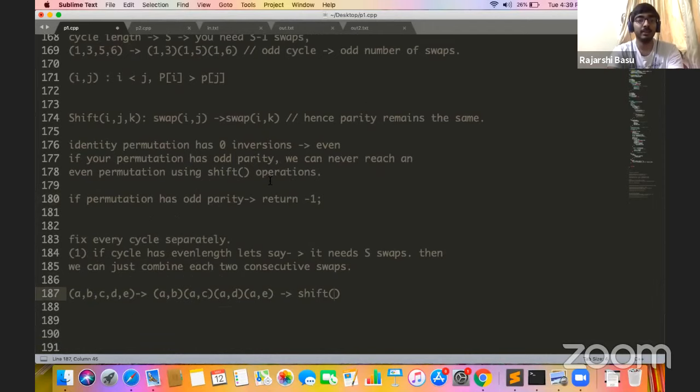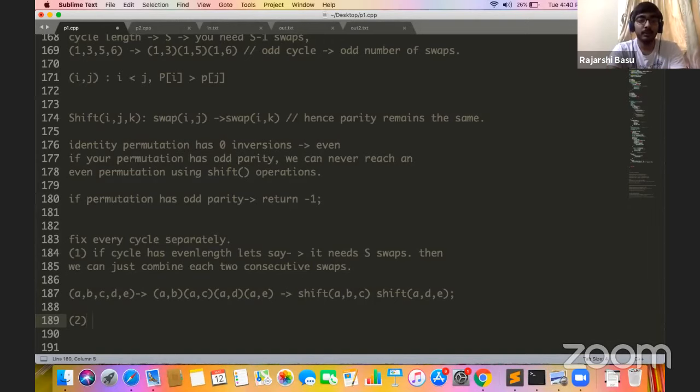So we can represent them as shift A, B, C, right? And shift A, D, E. Seems correct. So if we had to do S swaps, we can just do S by 2 shifts. This much should be clear, right?